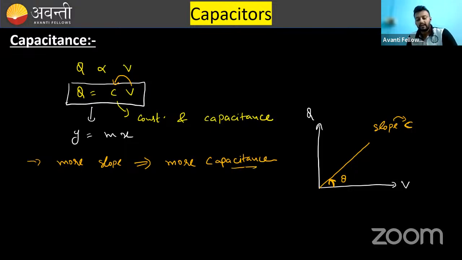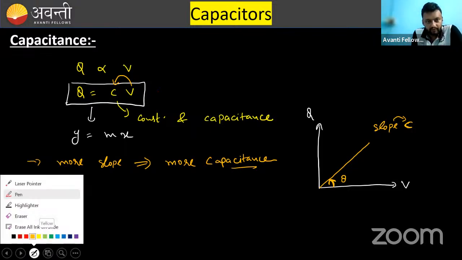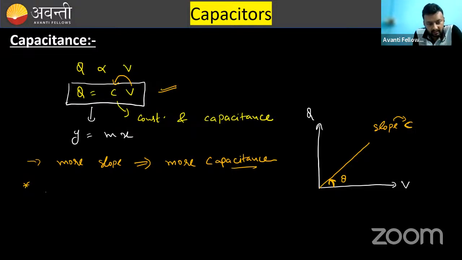Very good. Another thing. Now, one question that is very common, and from this relation you need to answer. The question is, if charge on a conductor is increased, what will be the change in the capacitance?